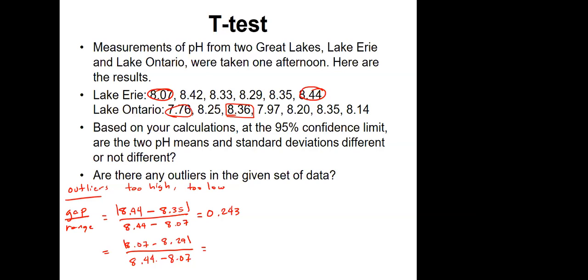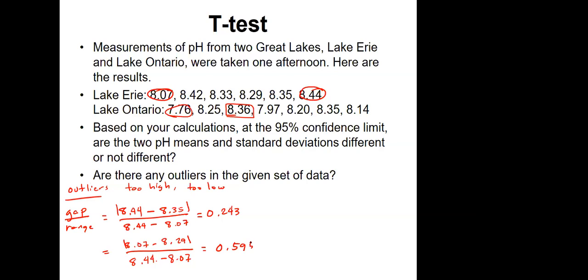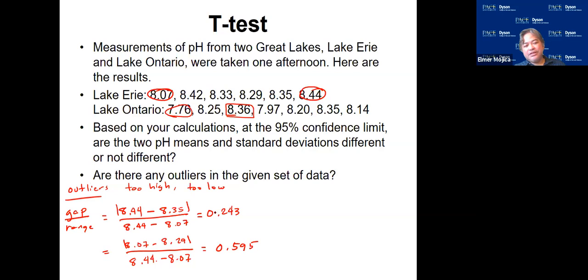I got 0.595. Okay. So what we're going to do now is compare it with the Q value. Okay, so you have 1, 2, 3, 4, 5, 6. So I have a table here.